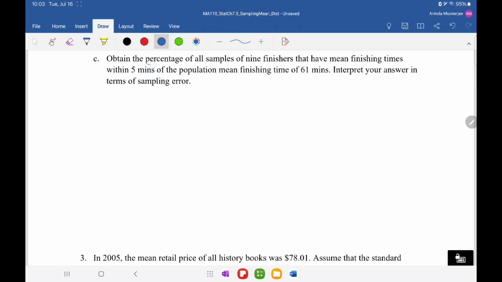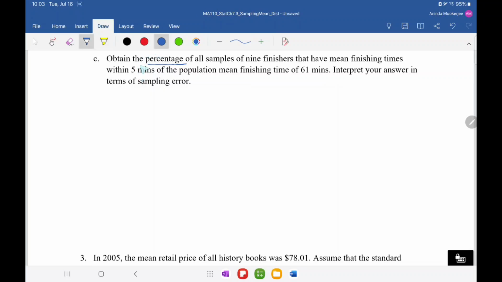So whenever it says obtain the percentage of all samples, you have to go about finding the area under the curve. So again, we will follow the process of finding areas under the curve.